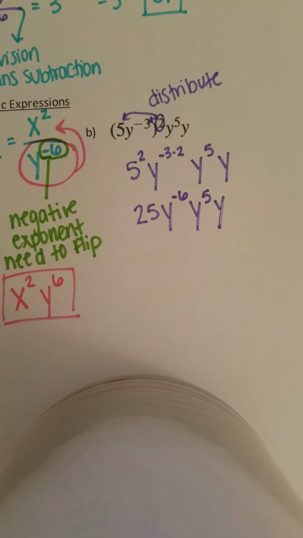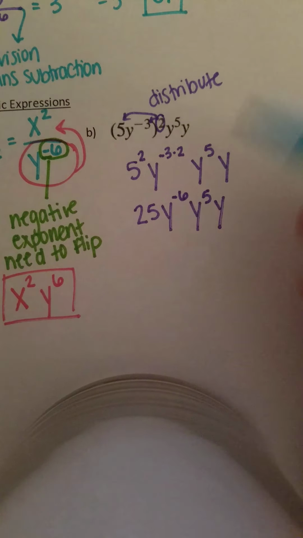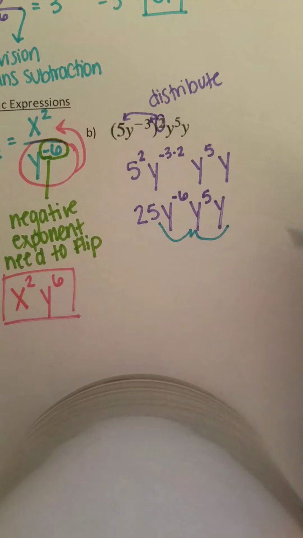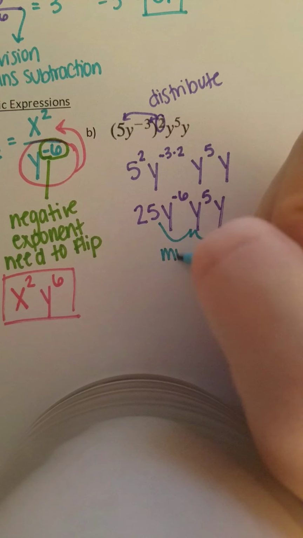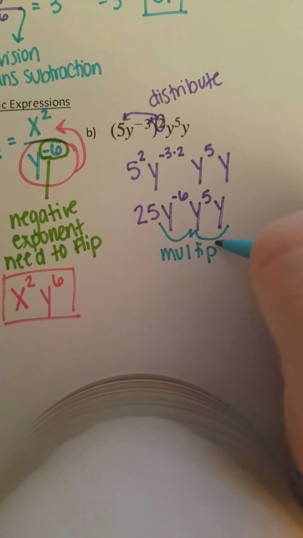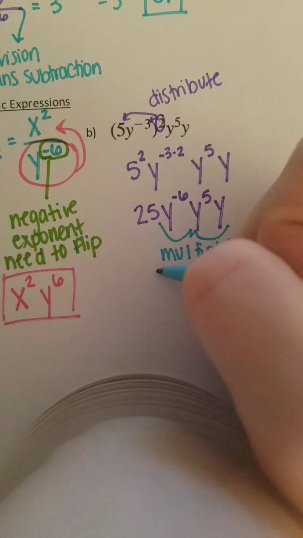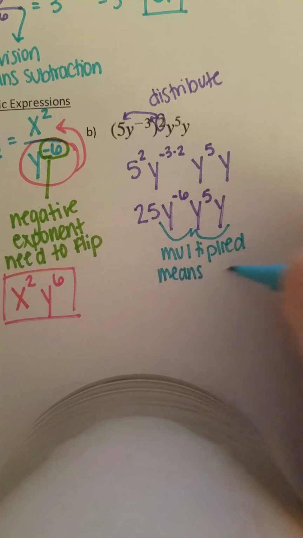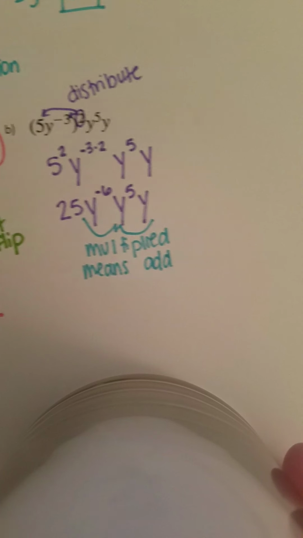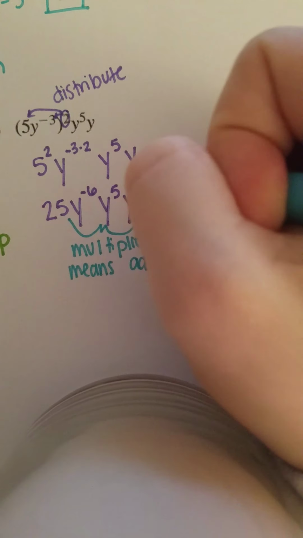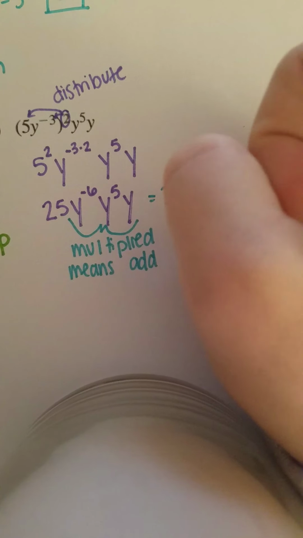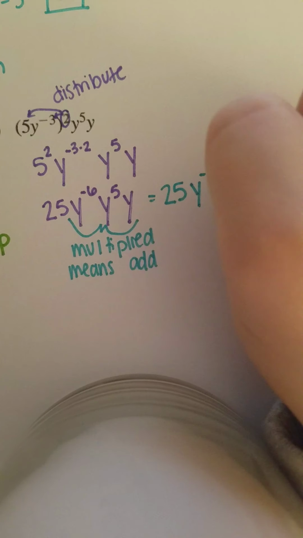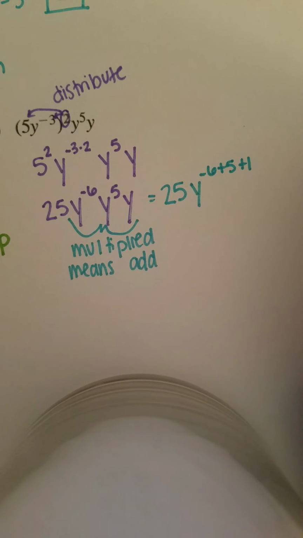Now we have lots of y's here, and all of these pieces are being multiplied. And multiplied means add. So in this case, this is going to be equal to 25y to the negative 6 plus 5 plus 1.